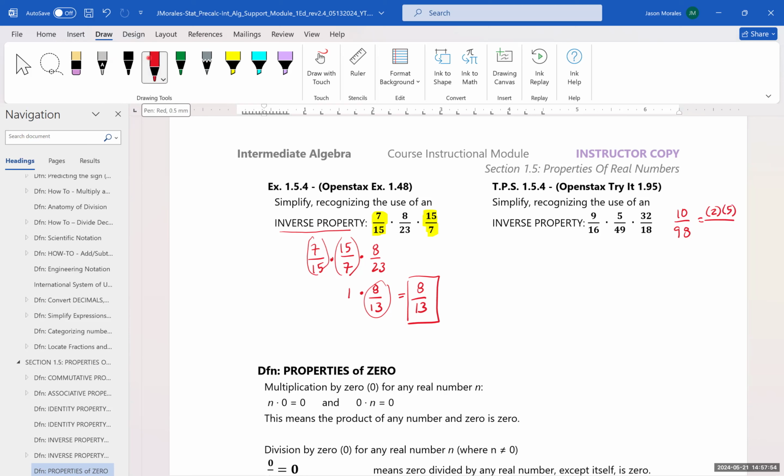That's its prime factorization. And 98, we can write it as 2 times 49. Yes, that's right. So we can cancel the 2's. Okay, so the answer for this one should be 5 over 49 as a simplified fraction. Okay, give that a try.